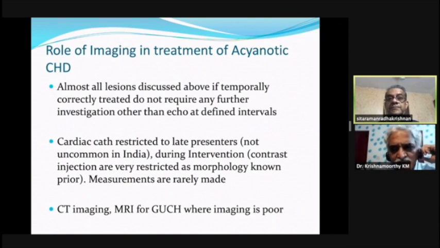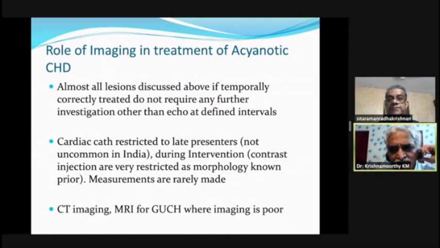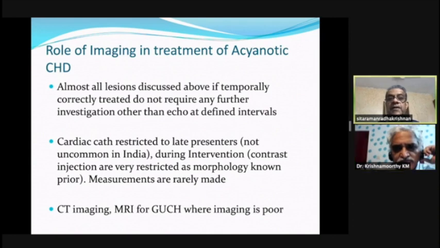Thank you, sir. Now, there is a question from Dr. Venkatesh. In a combined lesion like VSD and PDA, how do we approach management regarding surgical versus percutaneous closure? Again, it depends on what age they present, what is the size of the lesion.